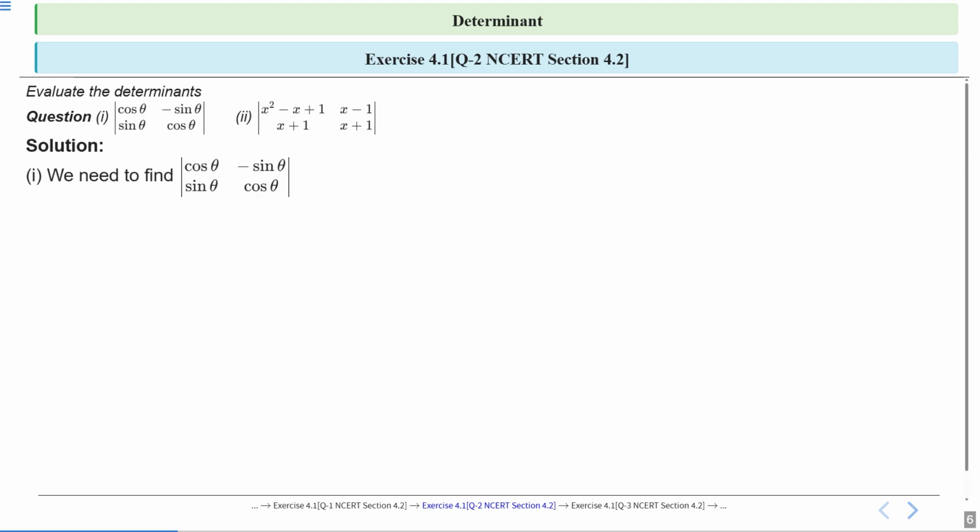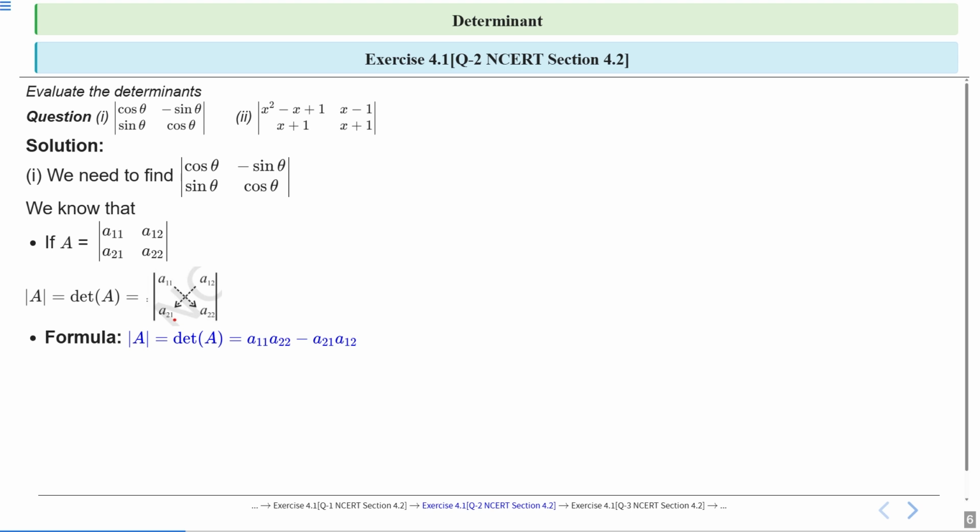So now we need to find the value of the determinant of cos theta, minus sin theta, sin theta and cos theta. On comparing with matrix A, that is A11, A12, A21, A22, we have the values of all the entries, and we know the determinant of a matrix of order 2 cross 2 is A11 into A22 minus A21 into A12.